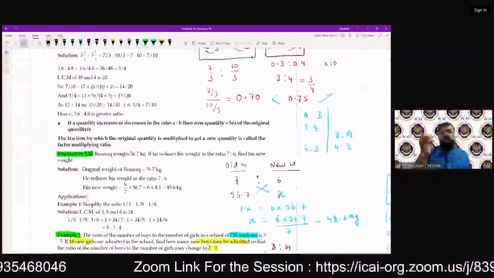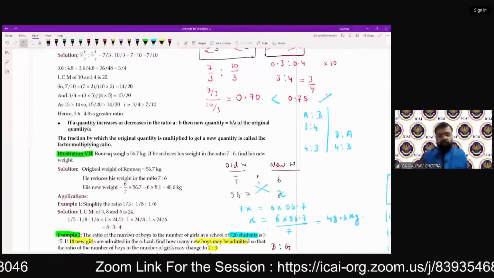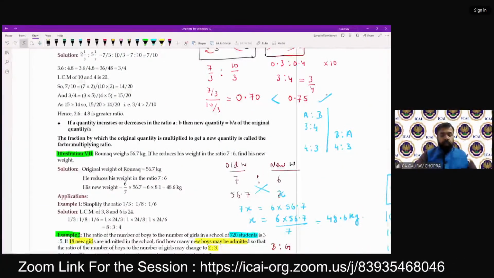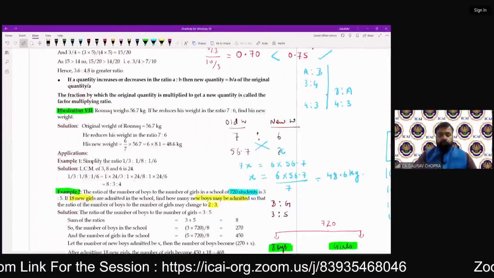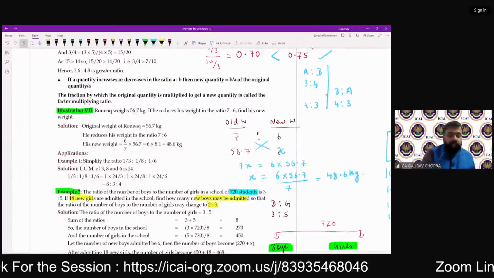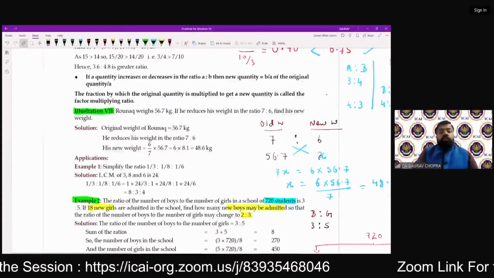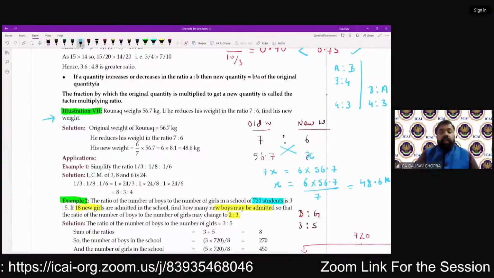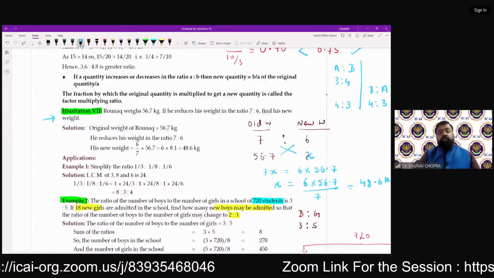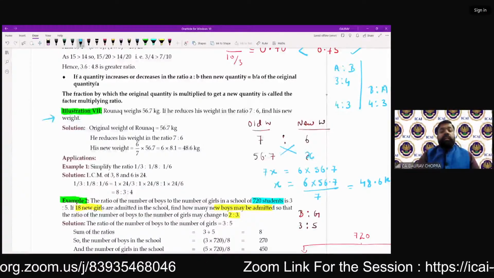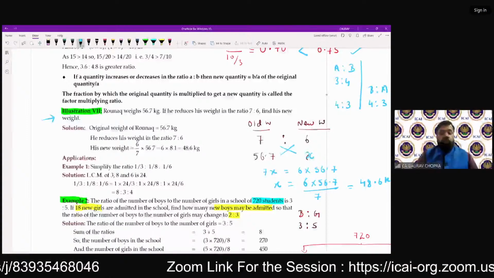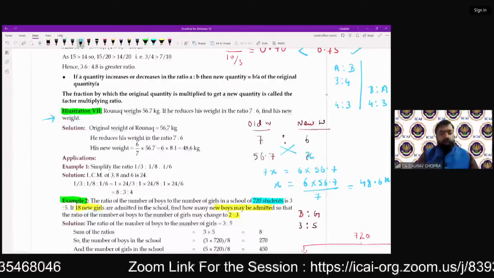Now, what other questions come in the exam? Let's discuss those things also. Many times in the exam a question comes like this one, illustration number 7. A person's weight at present is 56.7 kilograms and he reduces the weight in the ratio of 7:6. Find the new weight. What is the new weight of Ronak now?